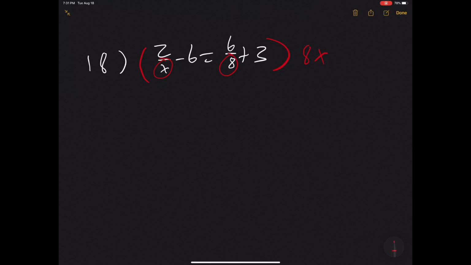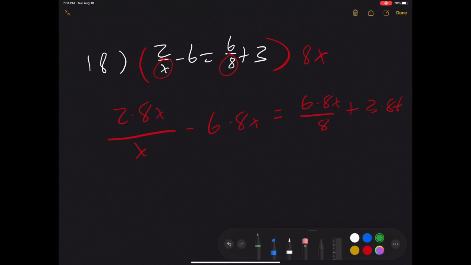Which, if I write it out, gives me 2 times 8x over x minus 6 times 8x equals 6 times 8x over 8 plus 3 times 8x. And I do that because I can cross off an x here and an x here, an 8 here and an 8 here, and suddenly my problem has no fractions.